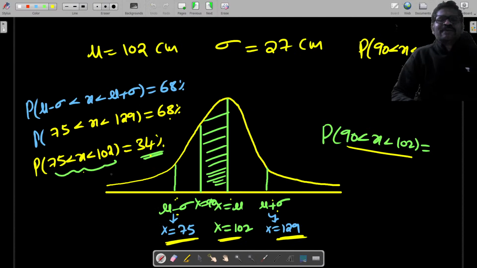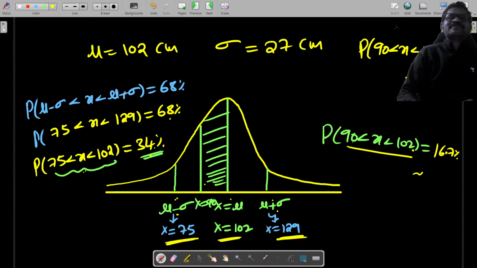Because 75 to 102 is 34%, 90 to 102 is compulsorily less than that, approximately closer to 17%. Therefore, I have selected 16.7%, closer to 17%. That's why 16.7% is the correct answer in this problem. Understood?